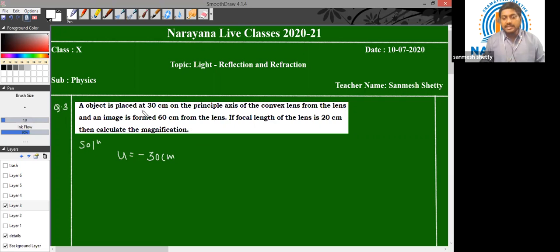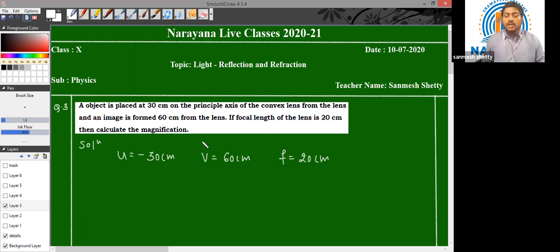An image is formed 60 centimeter from the lens. So let us take V equal to 60 centimeter. If the focal length of the lens is 20 centimeter, now a convex lens has always positive focal length.